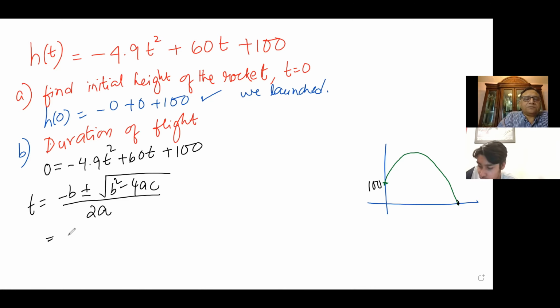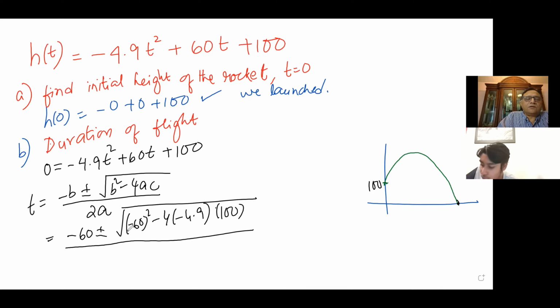Minus b means minus 60 plus or minus square root of 60 square, minus 4 times minus 4.9 multiplied by 100, divided by 2 times a, that is 2 times minus 4.9, which is minus 9.8, correct?